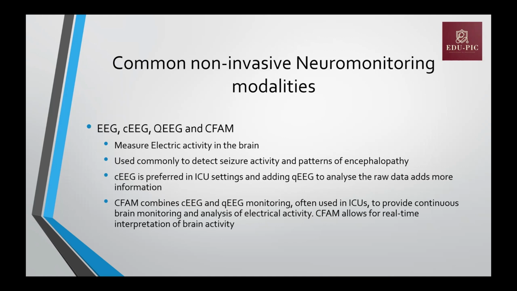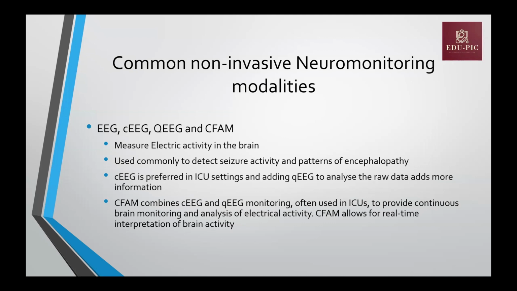So CFM, and that's why we have a special talk about CFM, is actually a combination of continuous EEG and qualitative EEG monitoring, which we like nowadays to use in ICU. The best thing about it is that it's cheap. So it's a cheap modality, very useful. It provides continuous brain monitoring and analysis of electrical activity.